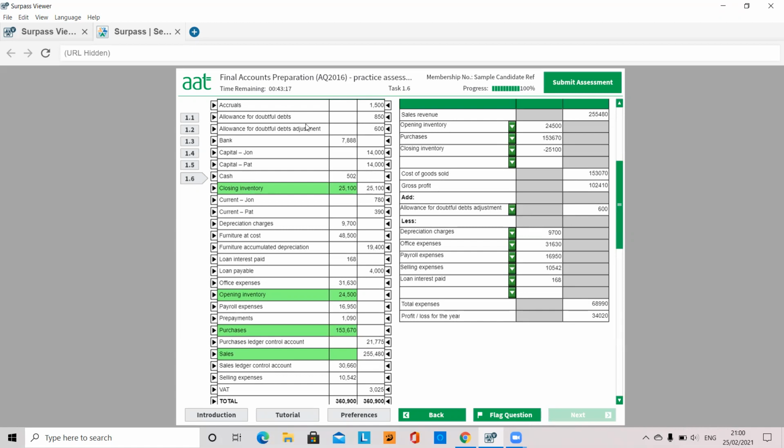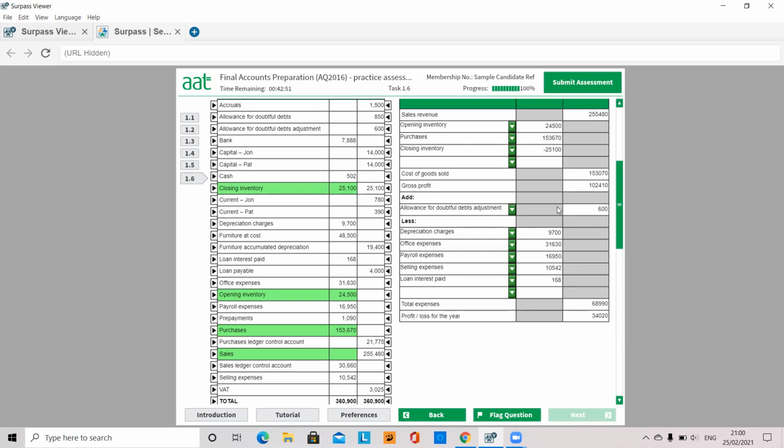So in this one, we've got an adjustment of 600 on the credit side, meaning that the allowance we'd put to one side was too much, so we've got an extra £600. If it was on the debit side, it would be an expense, because we didn't put enough on one side. But because it's on the credit side, it's income.